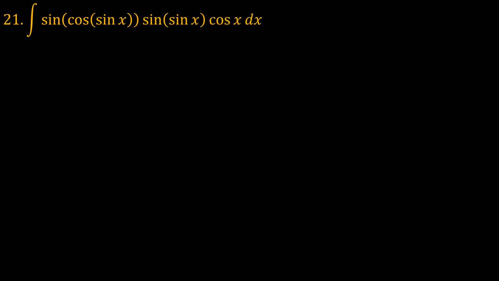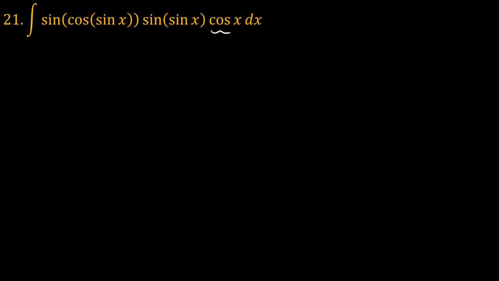Number 21, which is the indefinite integral of sine of cosine of sine of x times sine of x times cosine of x. So this is an interesting problem, and we would have to begin from the very end here, right?